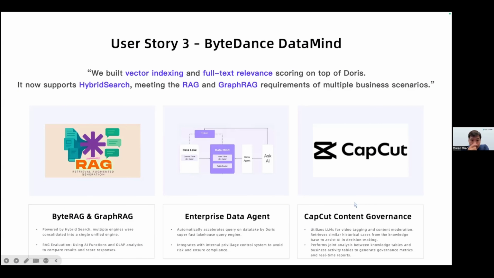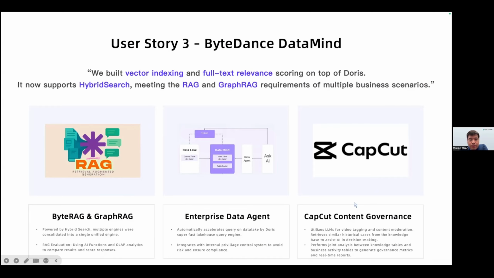Using Doris, it can automatically accelerate queries on the data lake with Doris's superfast lakehouse query engine. I think being so fast and real time is very important for a data agent. And they also integrate the privilege control system to avoid risk problems.